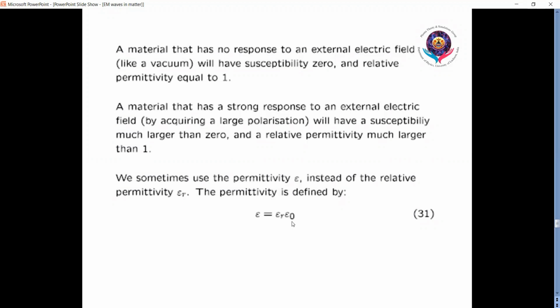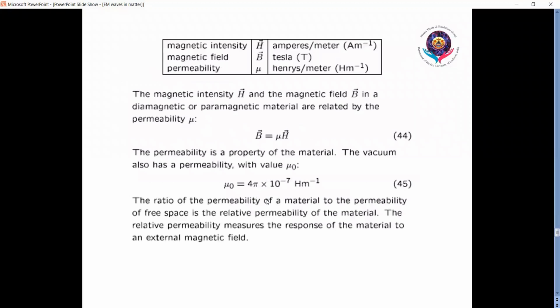And the material that has a strong response to an electric field will have susceptibility much larger than 0. And the permittivity is defined as the product of the relative permittivity and the permittivity of free space. This you must have already studied in your previous classes.